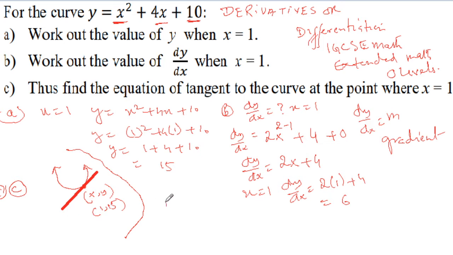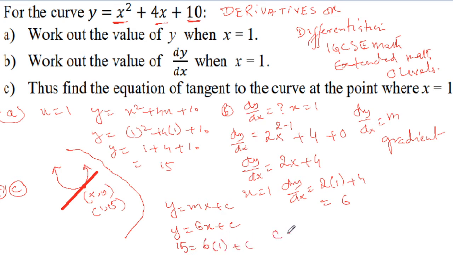So directly I'm doing here y is equal to mx plus c as the tangent equation. You know, a tangent is always a straight line. So y is equal to, the value of m is what? It's 6x. How to find c? Put this value of x and value of y. So the value of y is 15, the value of x is 1, so 15 is 6 into 1 plus c.